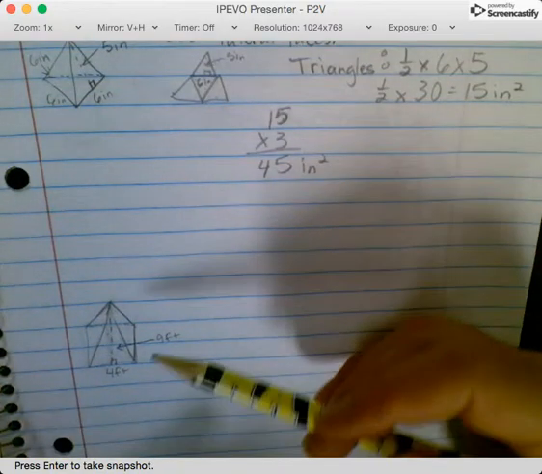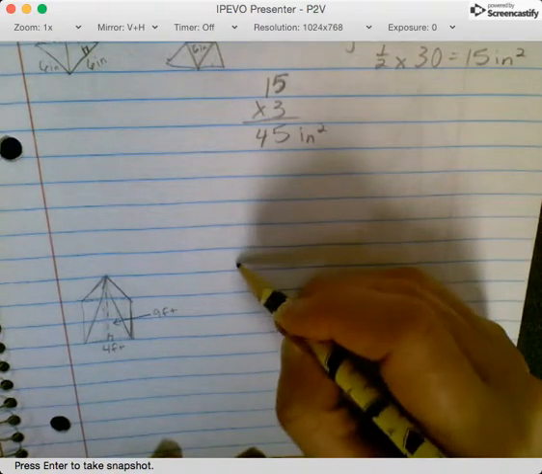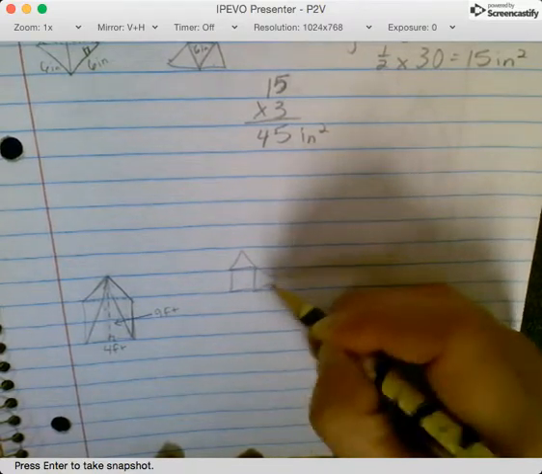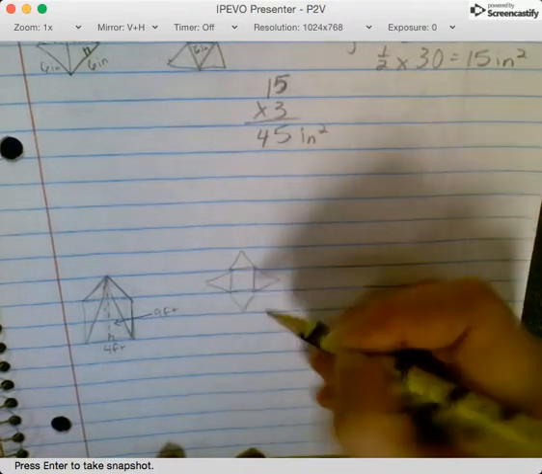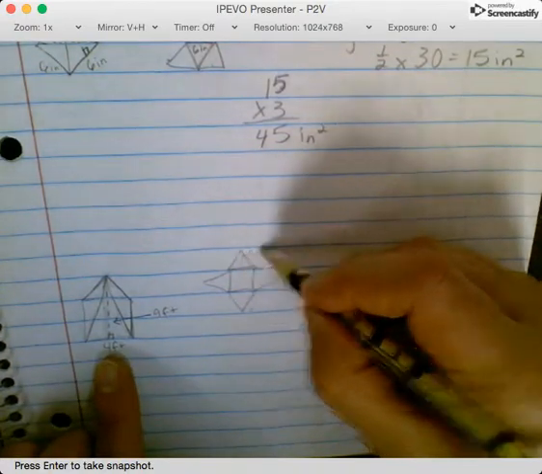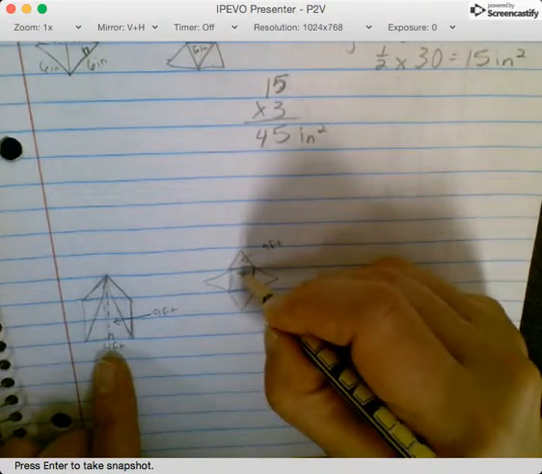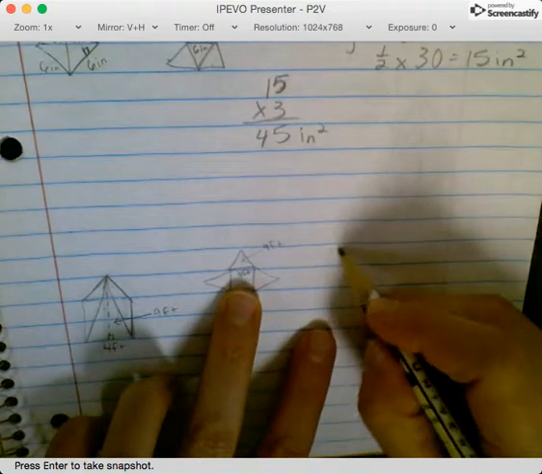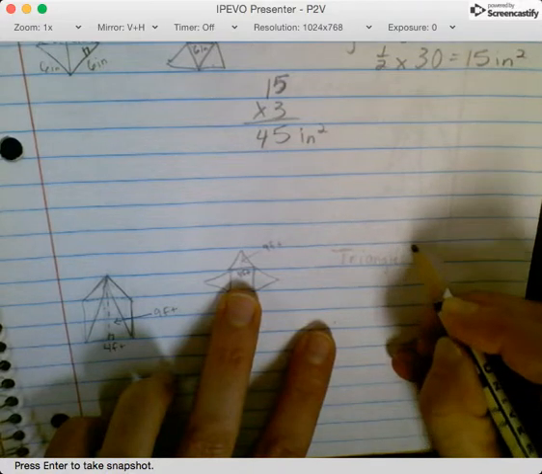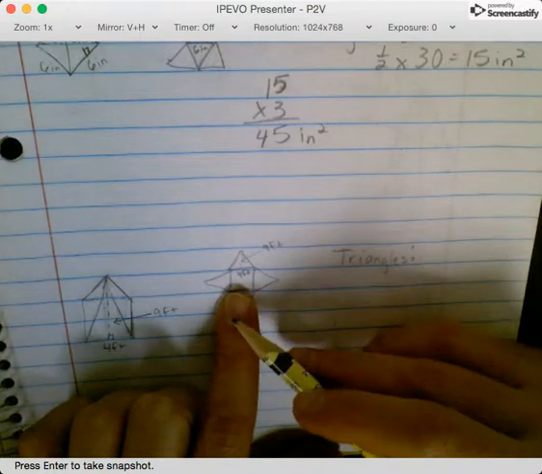Let's do a few more with a square pyramid. Most of the examples you'll have to worry about right now are going to be square ones. So that's what I'm going to focus on today. This example gives me a height of 9 feet, and then my square has a side of 4 feet. So my triangles are going to be the same, and I'm going to use the divided by 2 formula for this one.